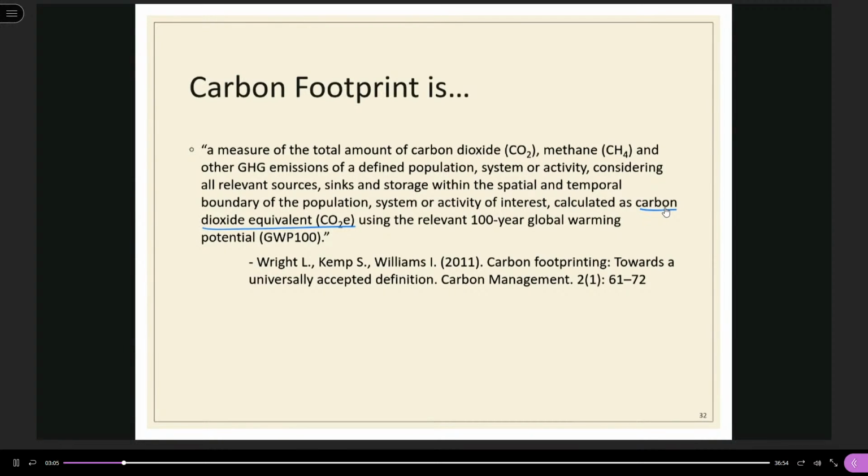So this definition is more specific. For the emissions of carbon dioxide, we also consider the sink and the storage.